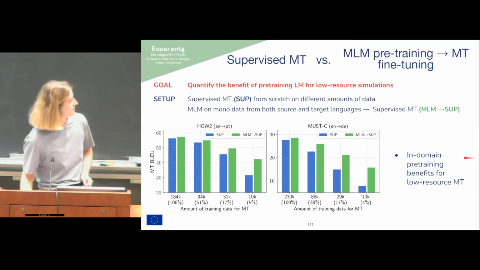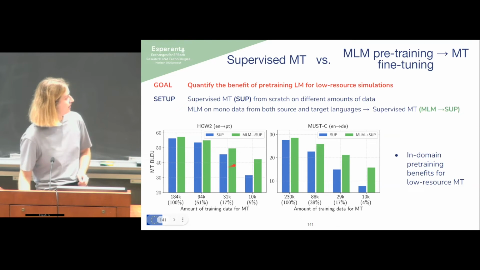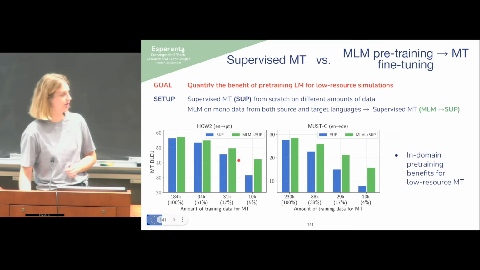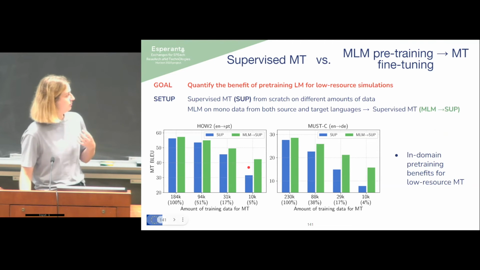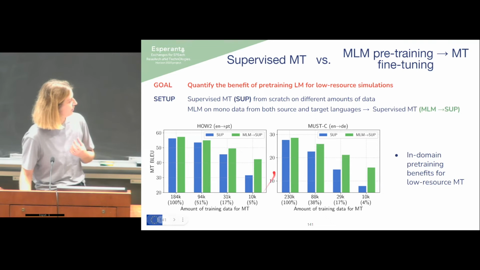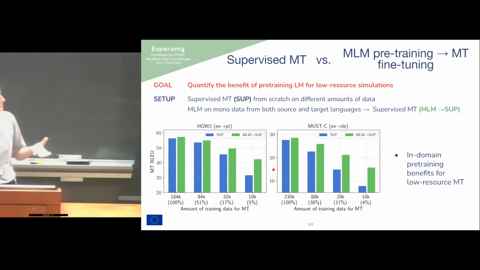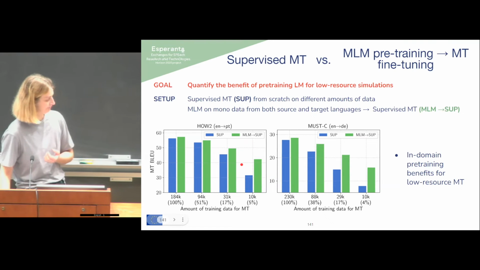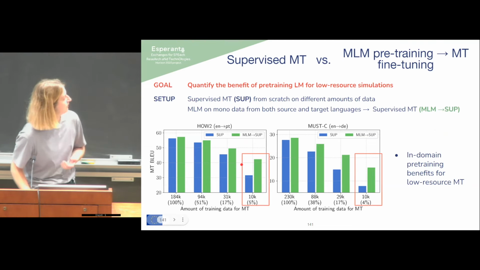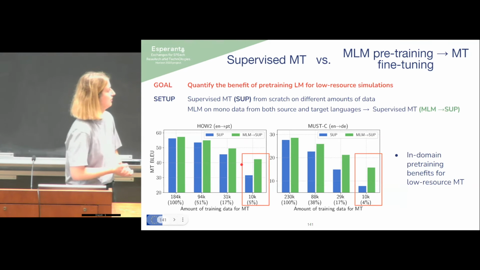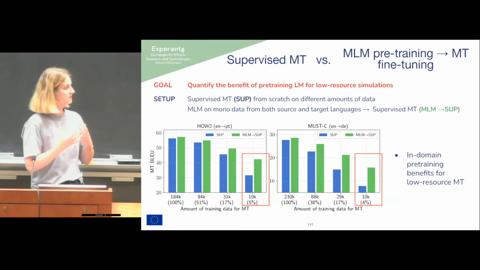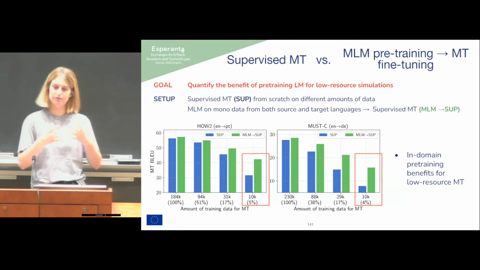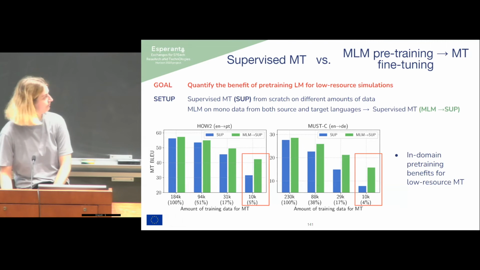So as you can see here on the English to Portuguese and English to German data sets, using an in-domain pre-trained language model benefits low-resource machine translation, in green. We highlight this part of the graph because in the next slide, we will only focus on this amount of fine-tuning data with different amounts of pre-training data.